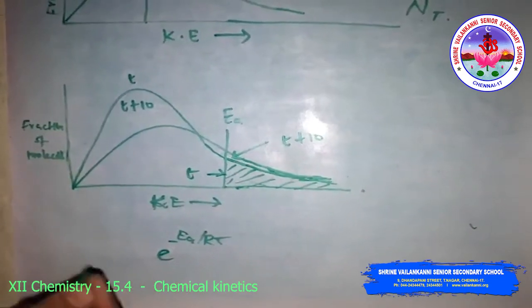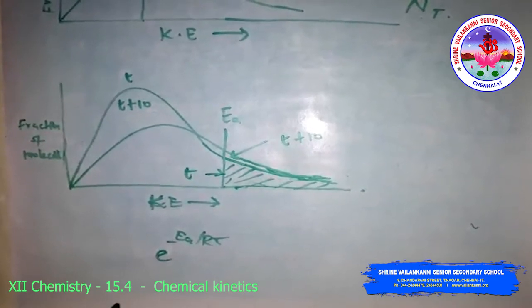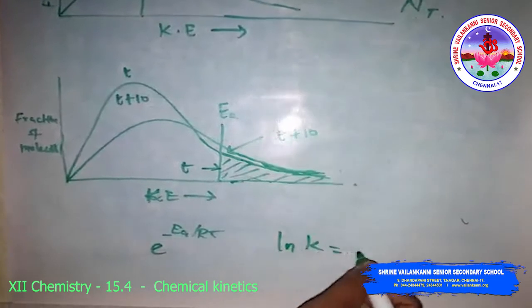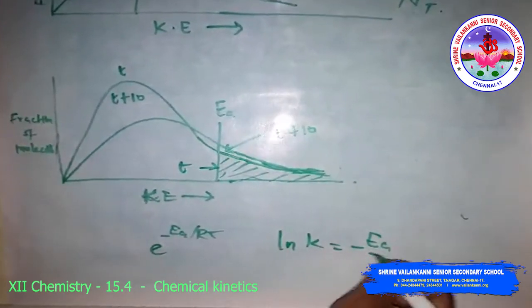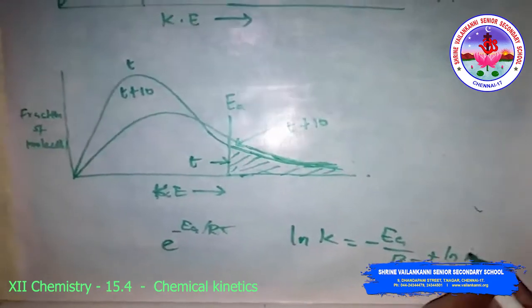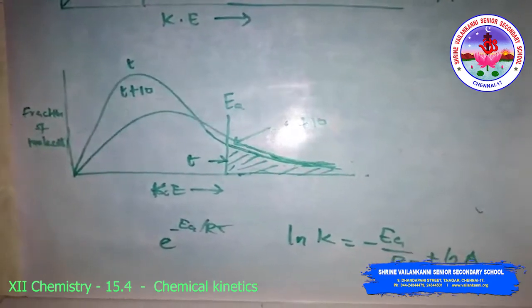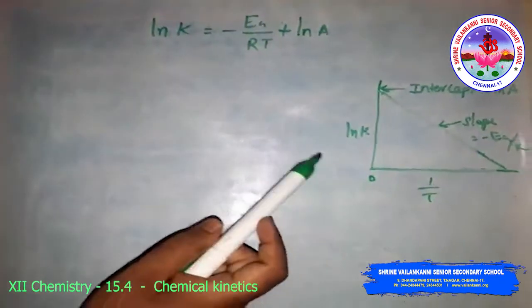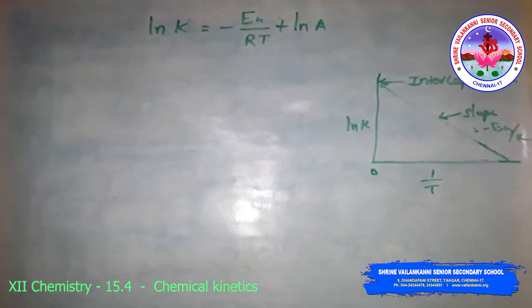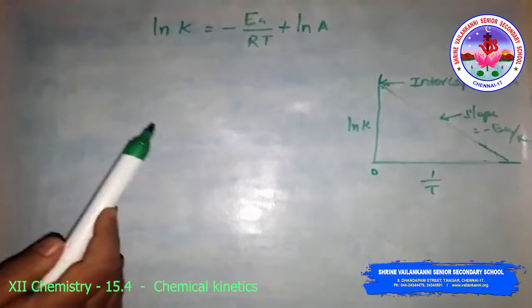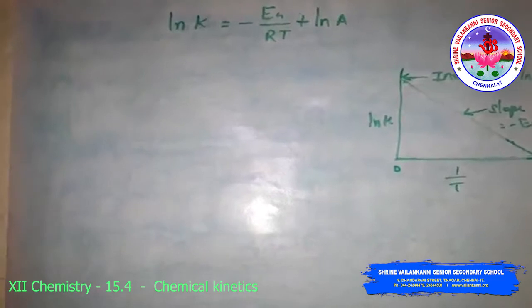Taking the natural logarithm of both sides, you get ln k is equal to minus Ea by RT plus ln A. Plotting ln k versus 1 by T gives a straight line according to the Arrhenius equation.